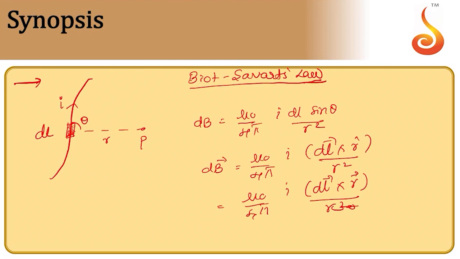So, the magnetic field is given by this expression, the strength is given by this expression, and very clearly the magnetic field is a cross product. That means if you curl your first 4 fingers of the right hand from the first vector towards the second vector, that means from the direction of dl towards the direction of r, you get the direction of the magnetic field produced by it.